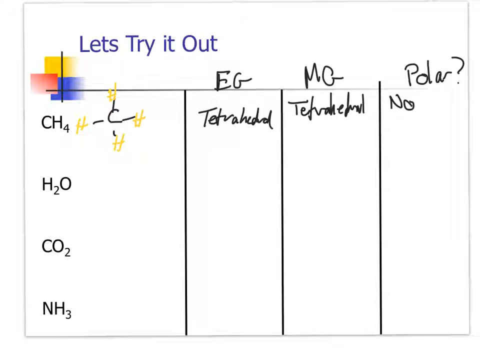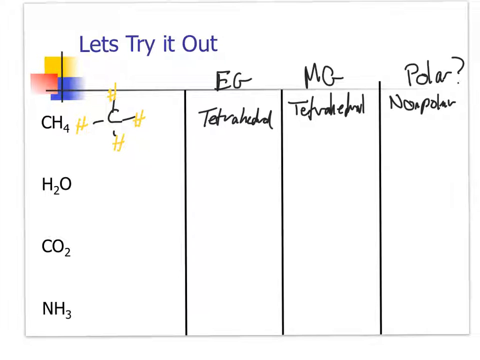It's nonpolar, because all the hydrogens, it's perfectly symmetric, perfect 109.5 degree angles, and therefore you're going to have a nonpolar molecule. All the hydrogens are pulling equally. How that all works is that it is a nonpolar bond.